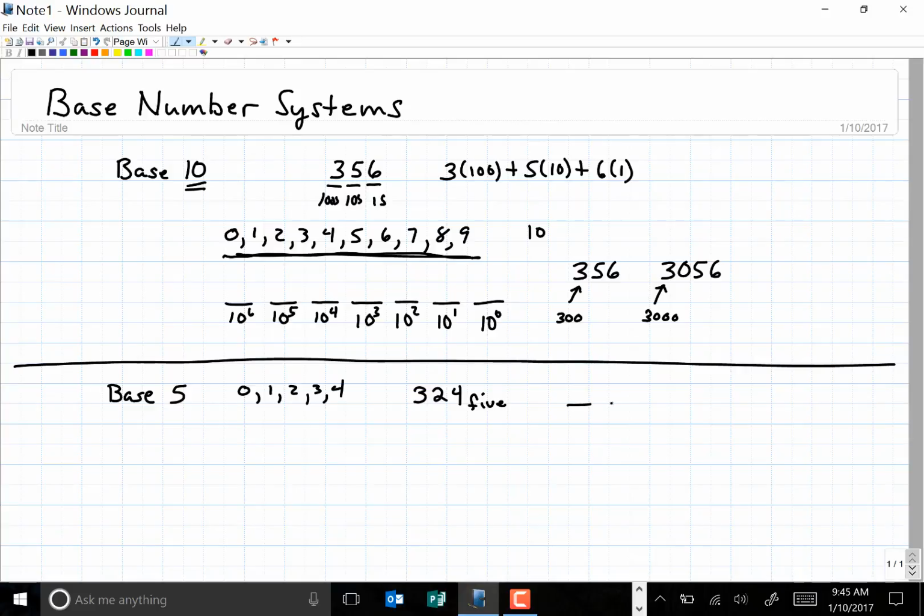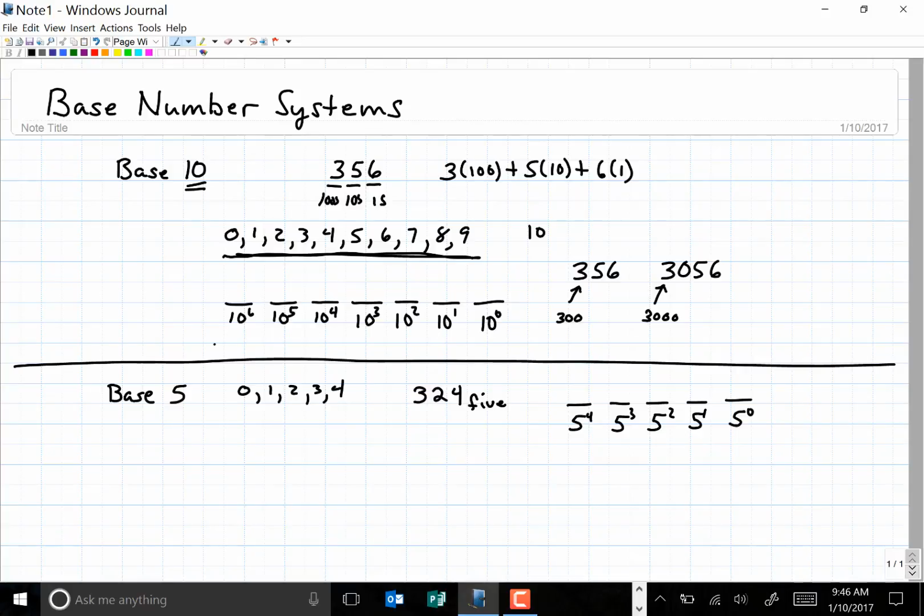So the first digit here is the 5 to the 0. This will be the 5 to the 1. This will be the 5 squared. This will be the 5 cubed. This will be the 5 to the 4th, and so on, just like we did up here with the base 10 numbers.